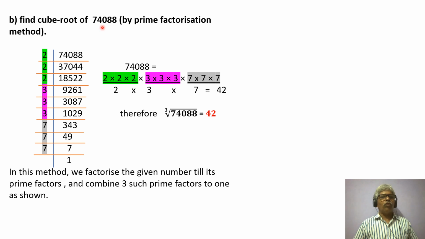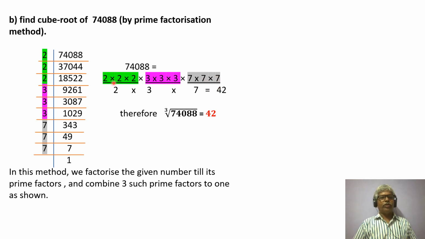Find the cube root of 74088 by prime factorization method. Another example we are taking. Find it like this: 74088 divided by 2 is 37044, again divided by 2 is 18522. Like that you go ahead, try some problems so that this will not be any problem for you. Then write all these in this manner so that it becomes very easy to tackle.